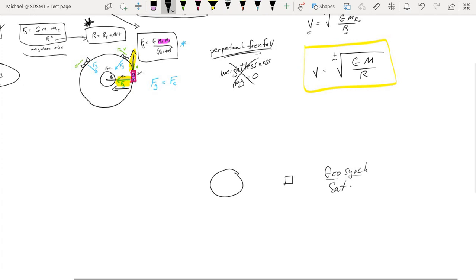Synchronous means at once or at the same time. And so these are satellites that are specifically put into orbit such that they maintain the same relative position above the Earth at all times.